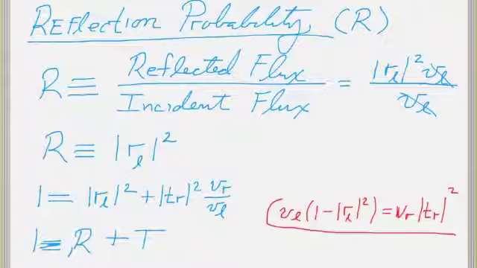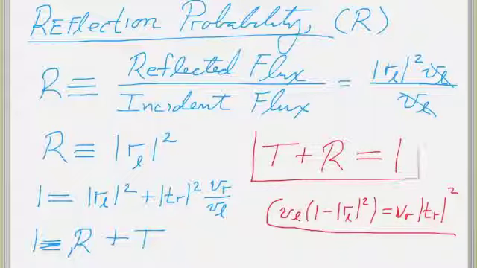And this is why they're probabilities. Again, this is just a statement of current conservation. So T plus R equals 1. It's just a statement of flux conservation. You send in a flux of 1, some of it's going to be transmitted with some probability, some of it will be reflected with some probability.